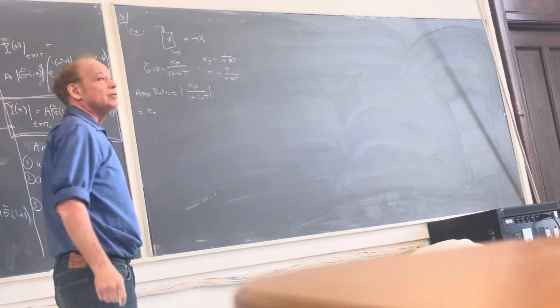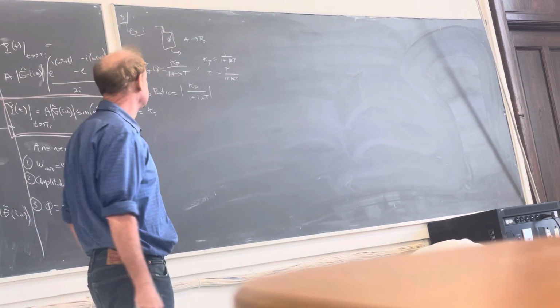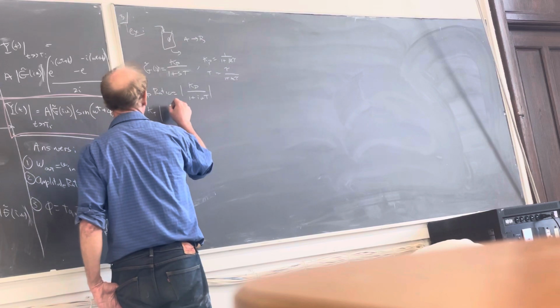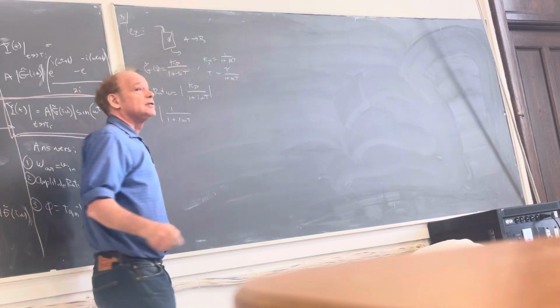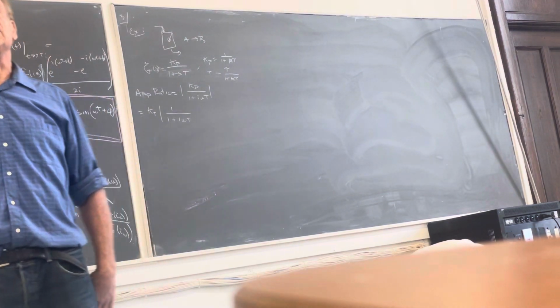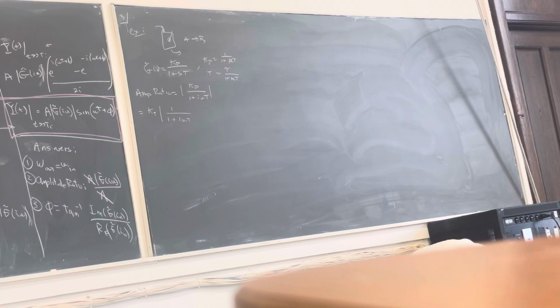That's just a number, and it's a positive number, so I don't have to worry about that. It's magnitude itself. Times the magnitude of 1 over 1 plus I omega T. So how do I calculate the magnitude of something? The magnitude of z is just the square root of x squared plus y squared.